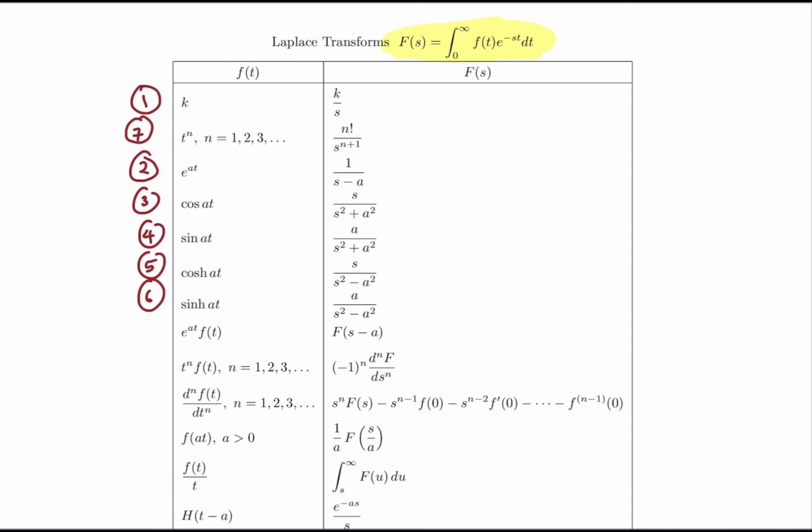For example, the Laplace transform of t squared: we will have n factorial over s to the power n plus 1, so 2 factorial over s cubed. 2 factorial is 2, right? So 2 over s cubed. That's how they do it.